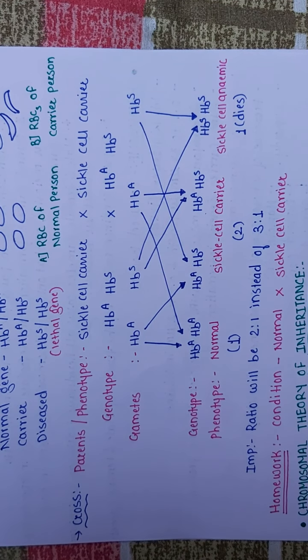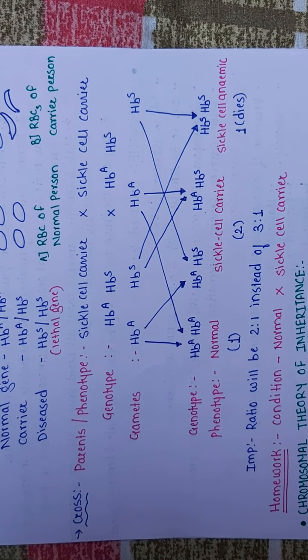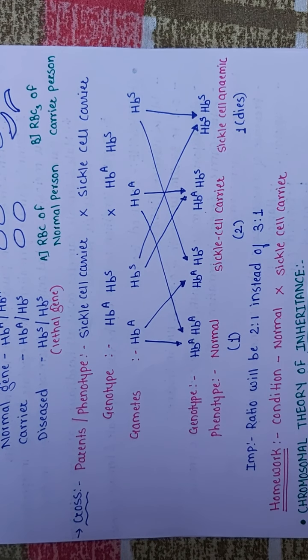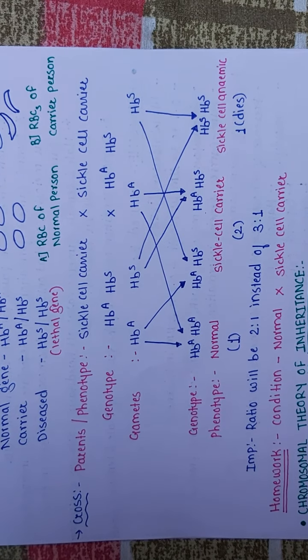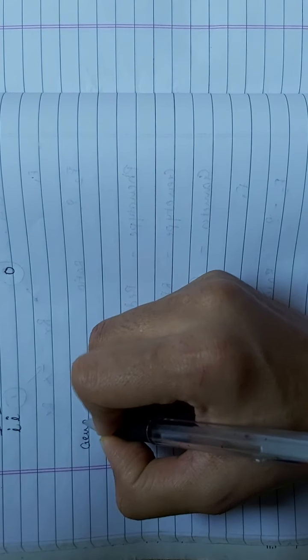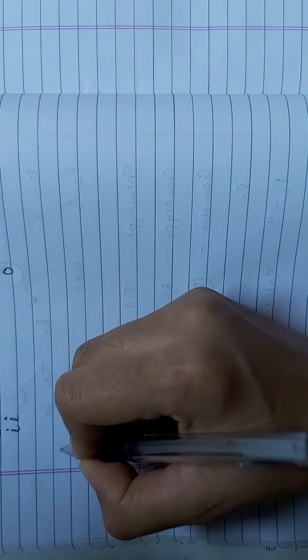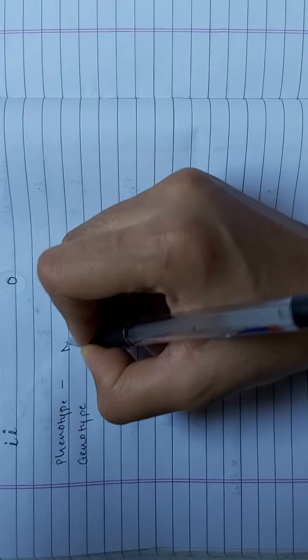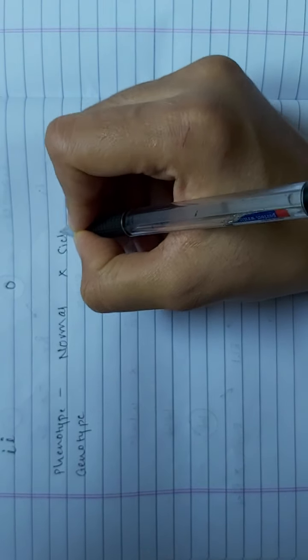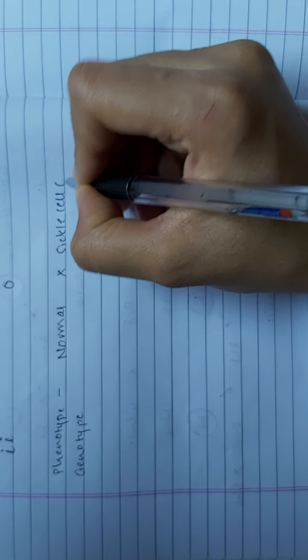Next, you have to do the homework. The condition I am giving you is normal crossed with a sickle cell carrier. First we have to write the phenotype: normal crossed with sickle cell carrier.